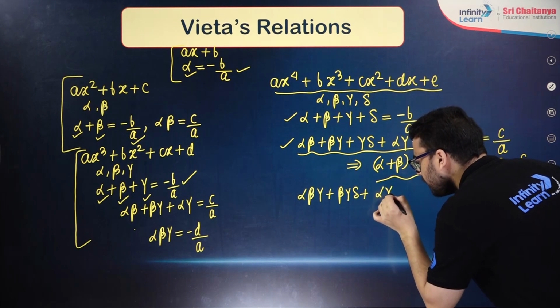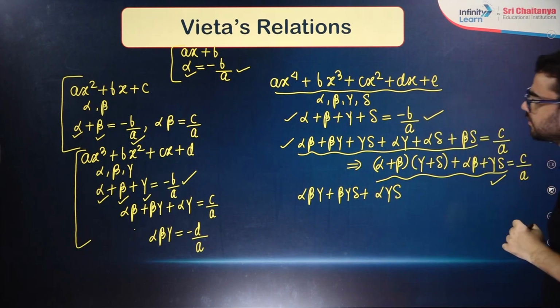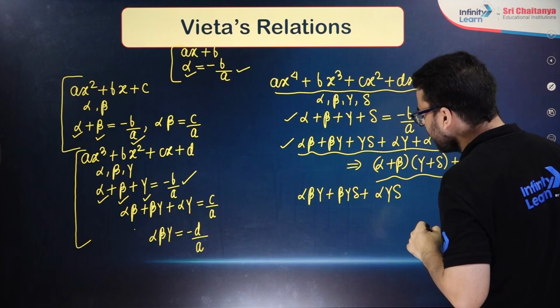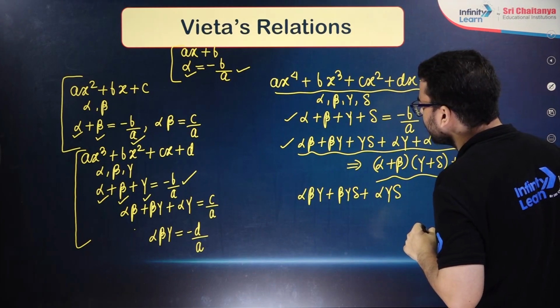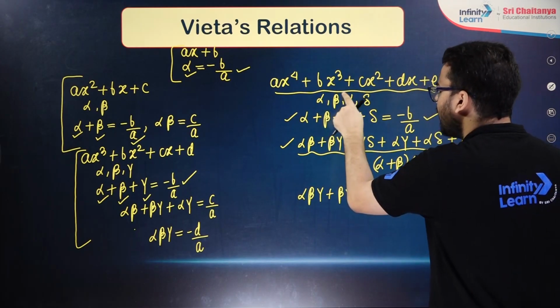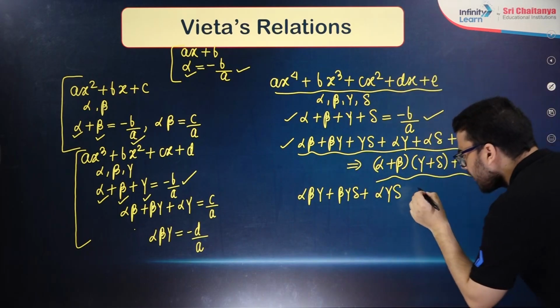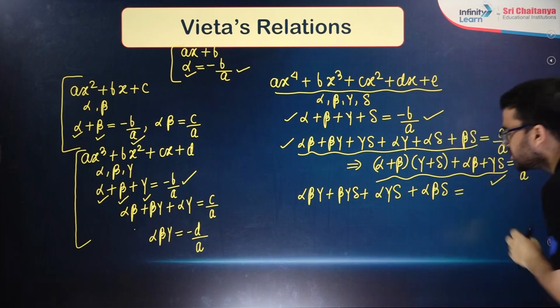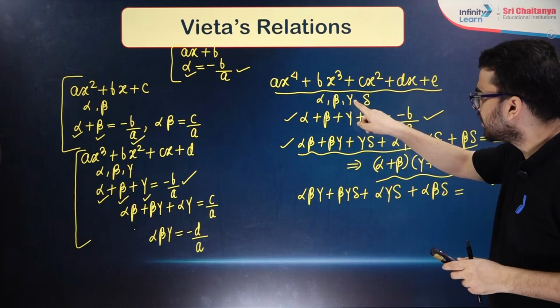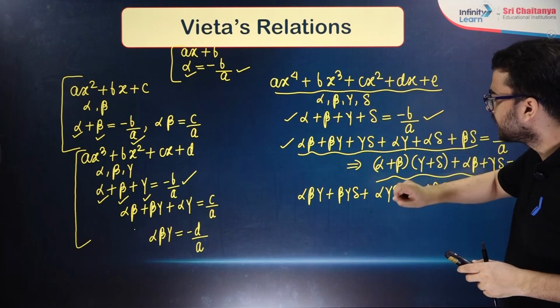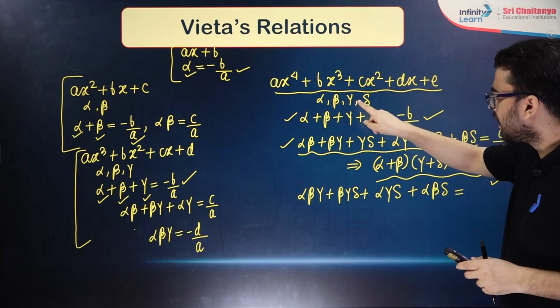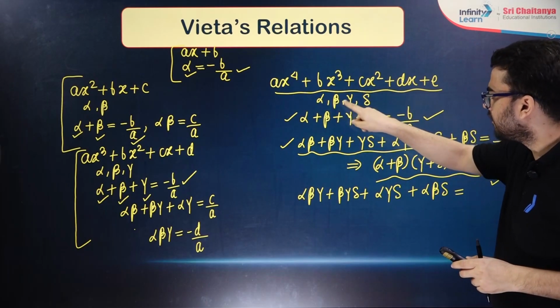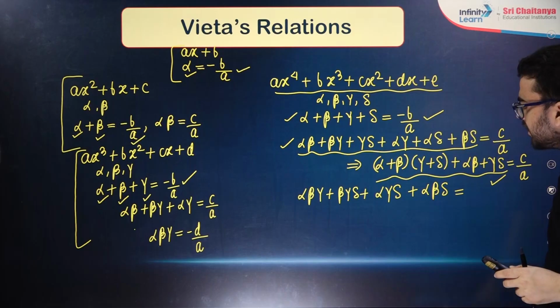And one more thing will be there. Wait, alpha, beta, delta as well. You can check it. You see this? Alpha, beta, gamma, then alpha, gamma, delta, and then alpha, beta, delta. I hope that is clear. There is no other thing.